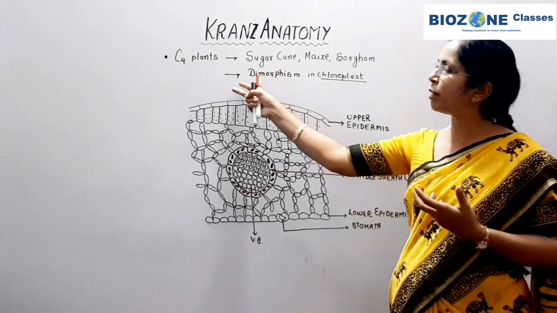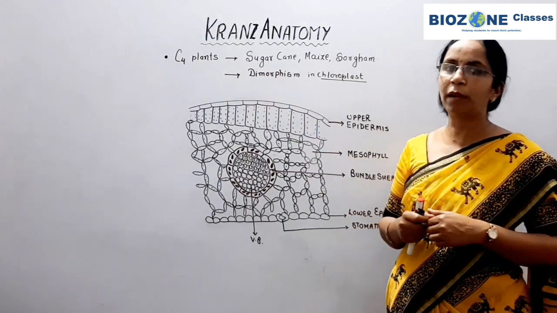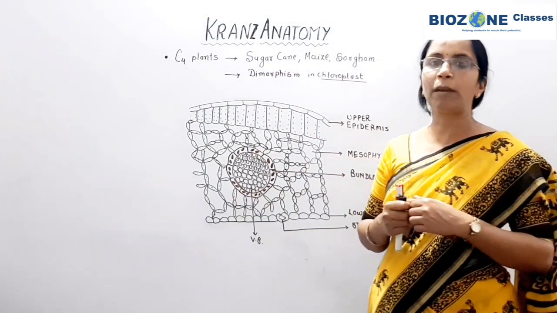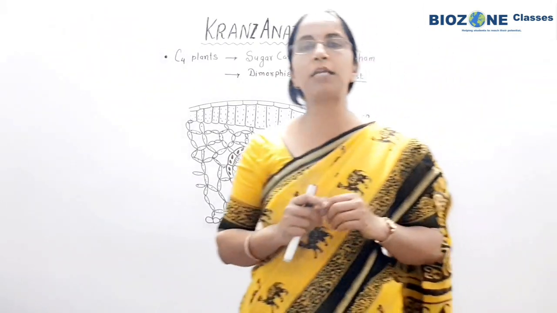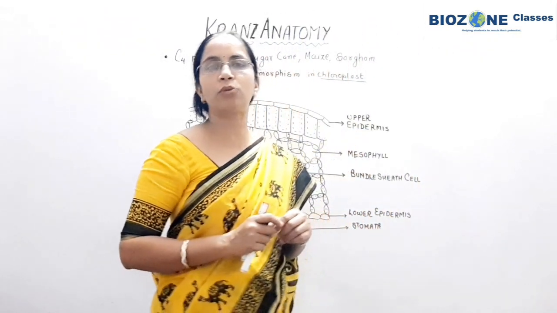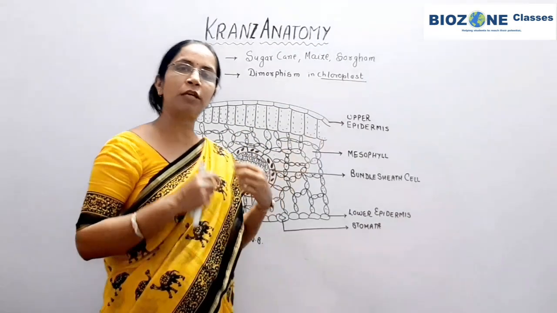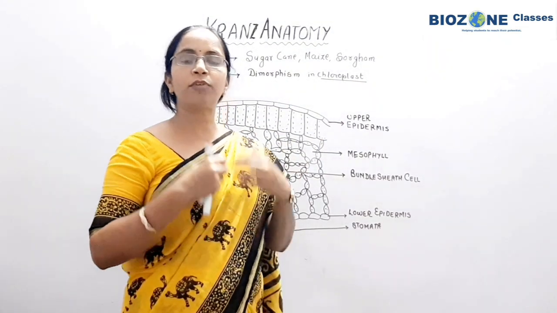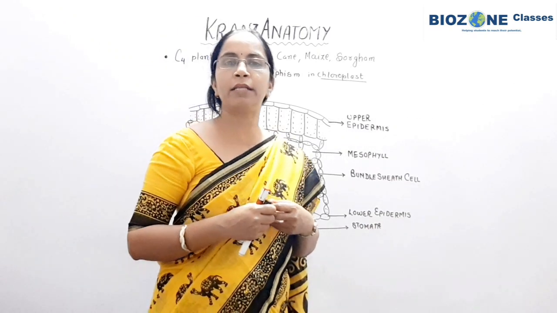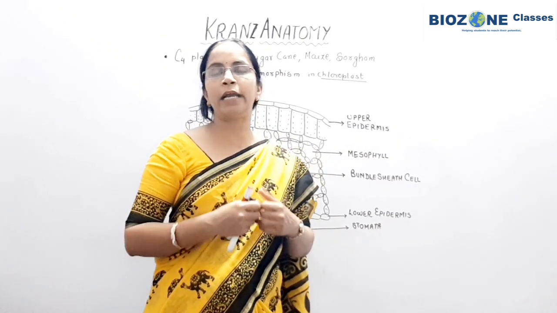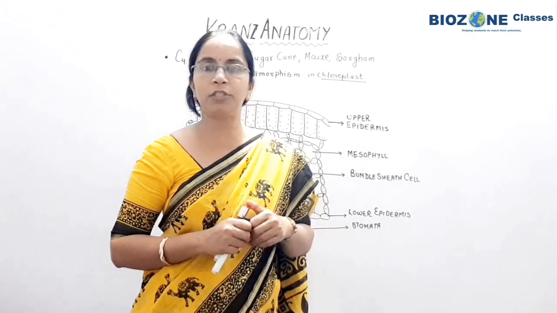But when we study the leaf anatomy of a C4 plant, we observe two types of chloroplast, and this dimorphism in chloroplast is actually called Kranz anatomy. Because of that, when we study the C4 cycle, it begins in the mesophyll cell and the cycle is completed in the bundle sheath cell.